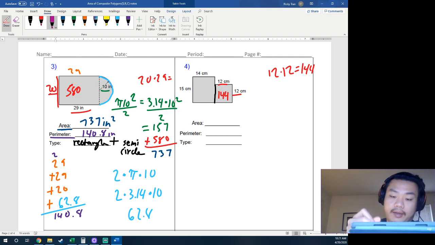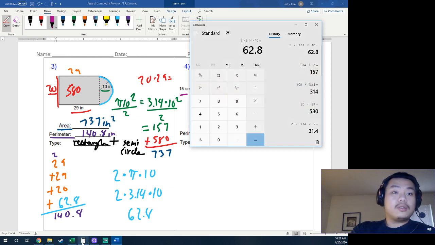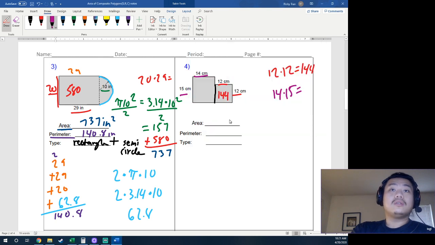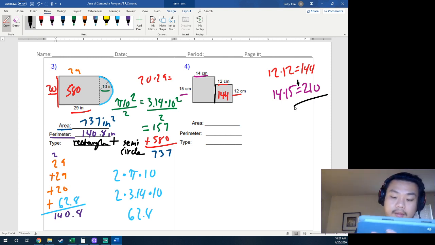And then we have 14 times 15, which is 210, and then we add them together. This is a rectangle plus square.